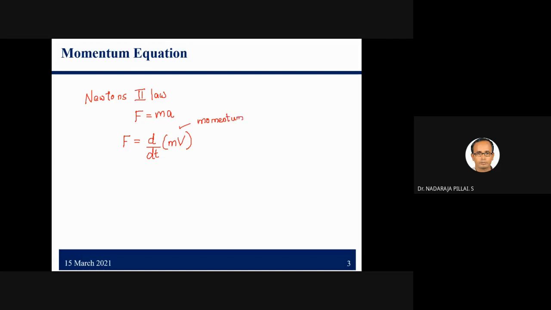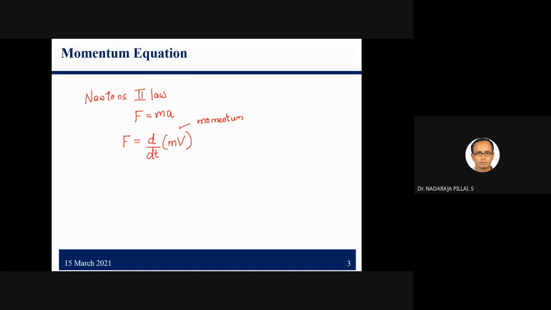What is Newton's second law? The rate of change of momentum is directly proportional to the force. Now, this first equation F equals m a, and the second equation F is equal to d by dt of mV.